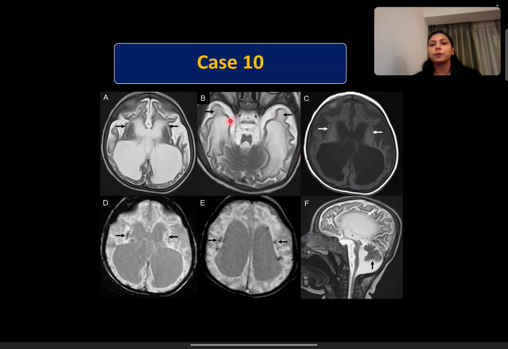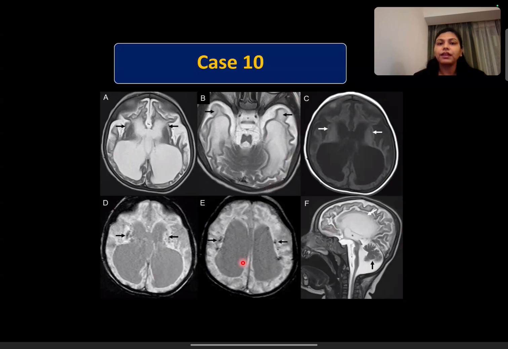So yes, vanishing white matter is one of the DDs, but we see presence of calcifications as well, and these calcifications are periventricular. So yes, very good. It is an interferonopathy, that is Aicardi-Goutières syndrome. So apart from diffuse, here more of demyelination, we also see anterior temporal pole hyperintensities, and we see periventricular calcifications.